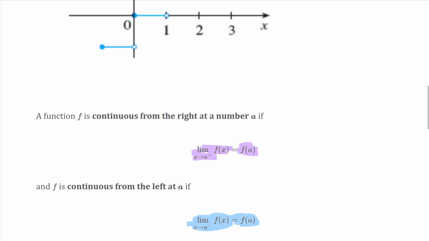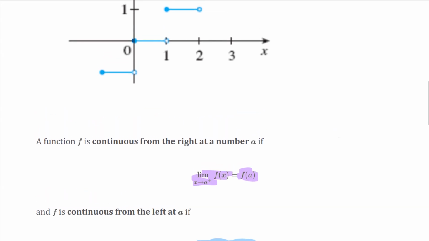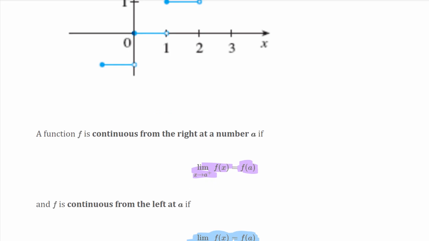All right. So let's look, is this continuous from the left or continuous from the right at all of our integer values? If we come in from the right, we actually point at the closed dot. Now remember, you're not going to the right, you're coming from the right. So as you come from the right, actually traveling left, that's that positive one, boom, we can say that we are actually continuous everywhere.